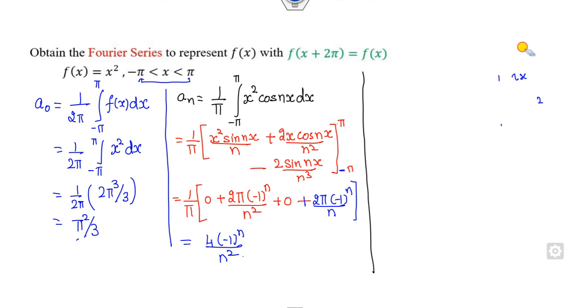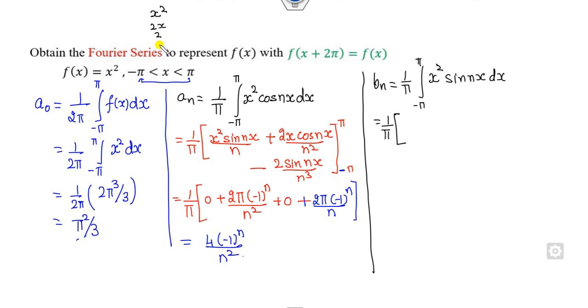Now you have to find the bn. So what is my bn? Bn will be 1 over pi minus pi to pi x square sin nx into dx. So what is the integration of this? So I can write here x square, then 2x, then 2 and 0, then sin, then it's minus cos nx over n, minus sin nx over n square, and cos nx over n cube.